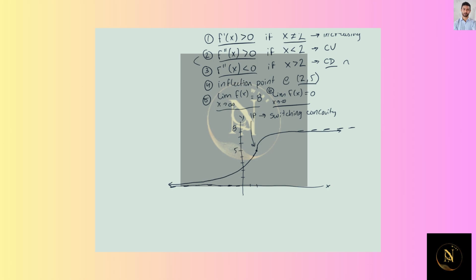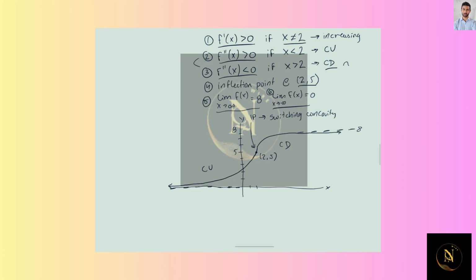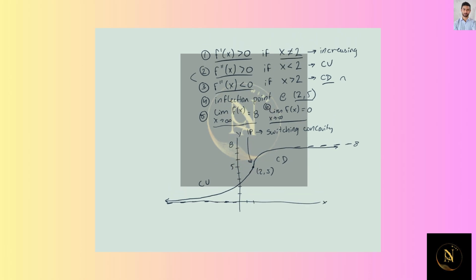We're concave up when we're less than 2 over here. We're concave down over here. We have an inflection point right at this point, 2, 5. As we approach infinity, we're approaching 8. And as we approach negative infinity, we're approaching 0. So we met all of our conditions. This is one example of a graph that might meet these conditions.